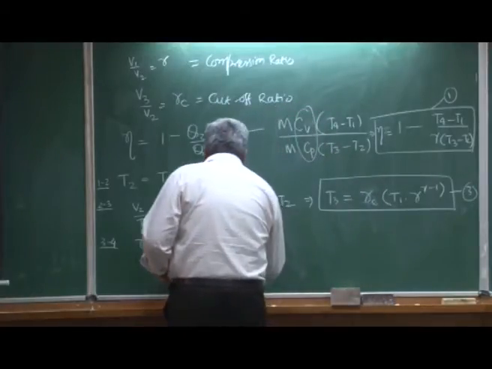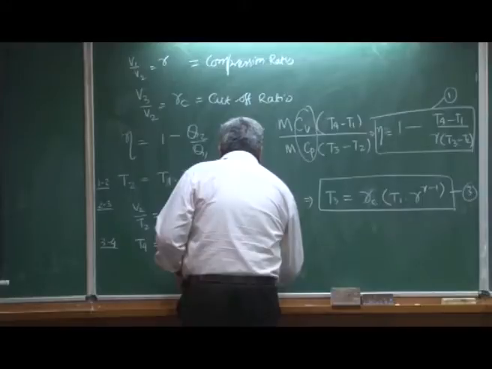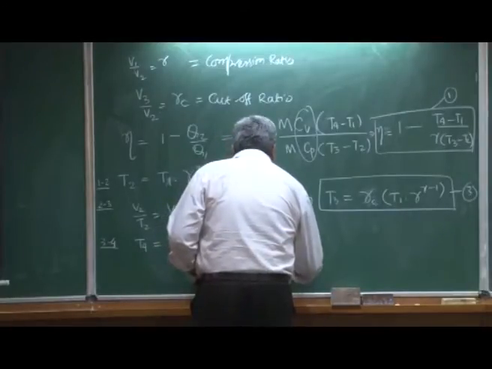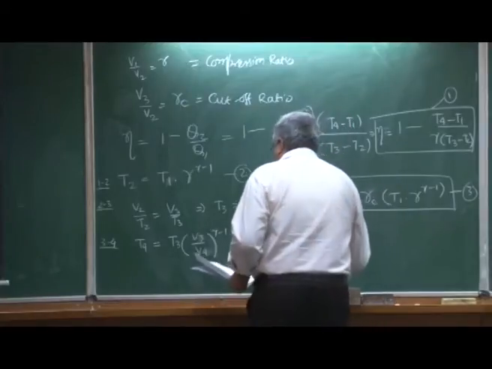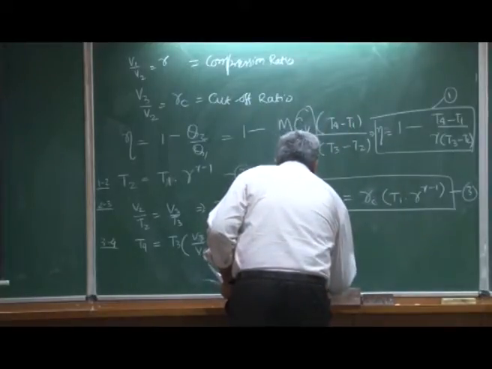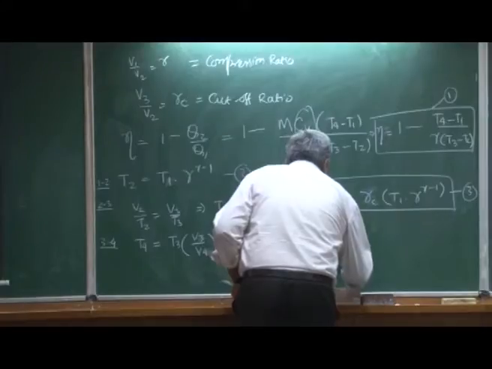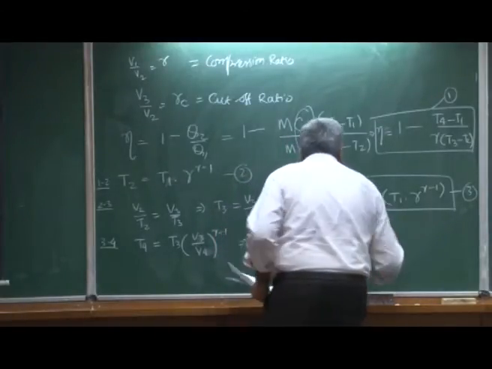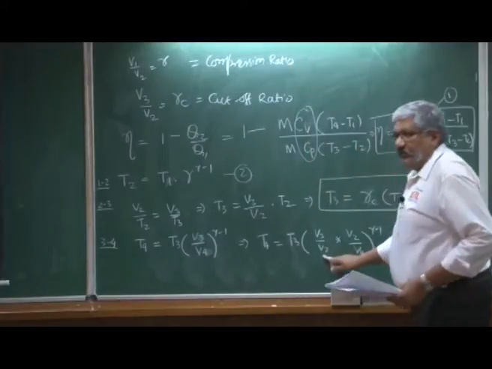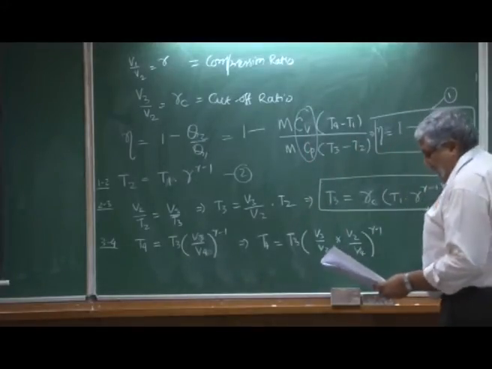I can write this as T3 into (V3 upon V2 into V2 upon V4) to the power gamma minus 1. I have just multiplied and divided by V2, simple.